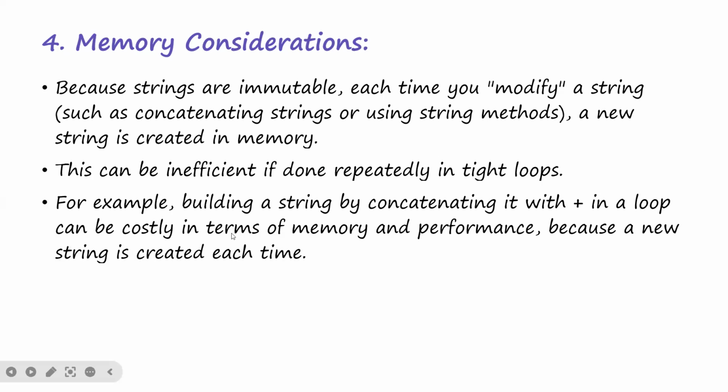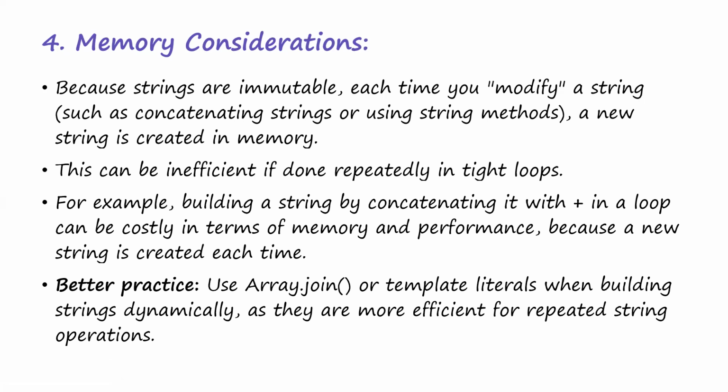Now, for example, when you're building a string by concatenating with the concatenation operator in a loop, it can be costly in terms of memory and performance because a new string is created each time. So be careful when you're working with strings and you're doing this concatenation, especially in a loop. Okay, so a better practice is to use array.join or template literals when building strings dynamically.